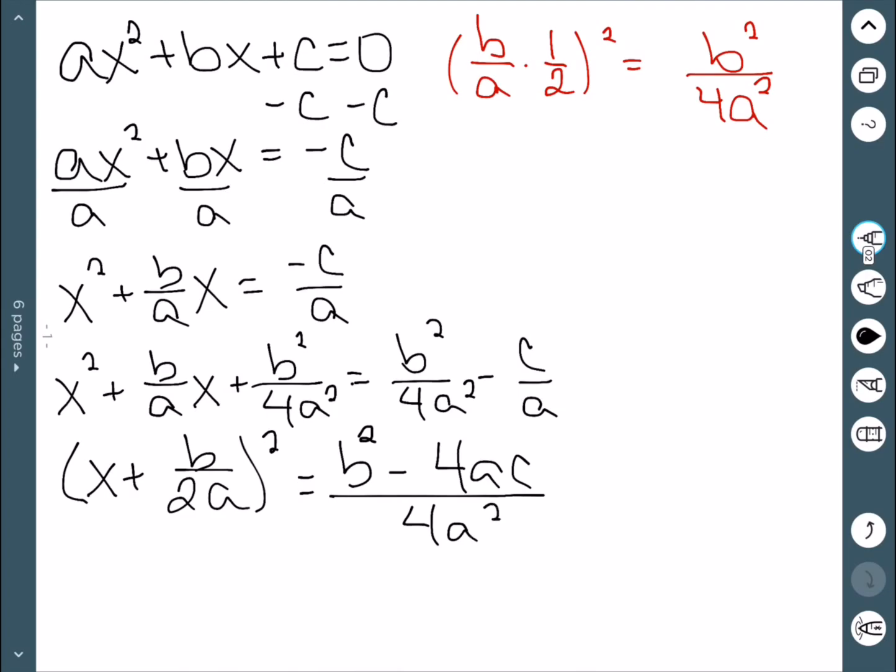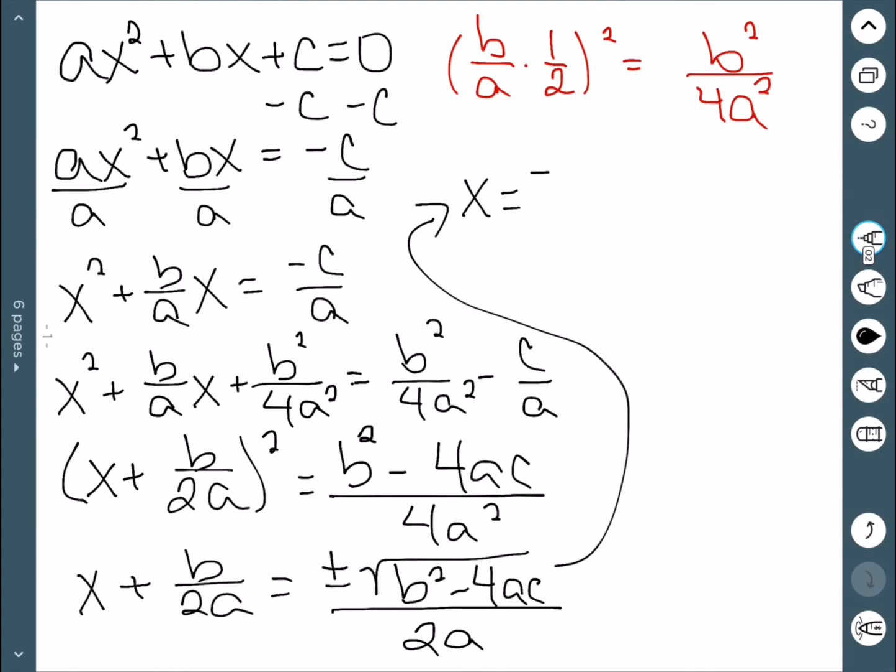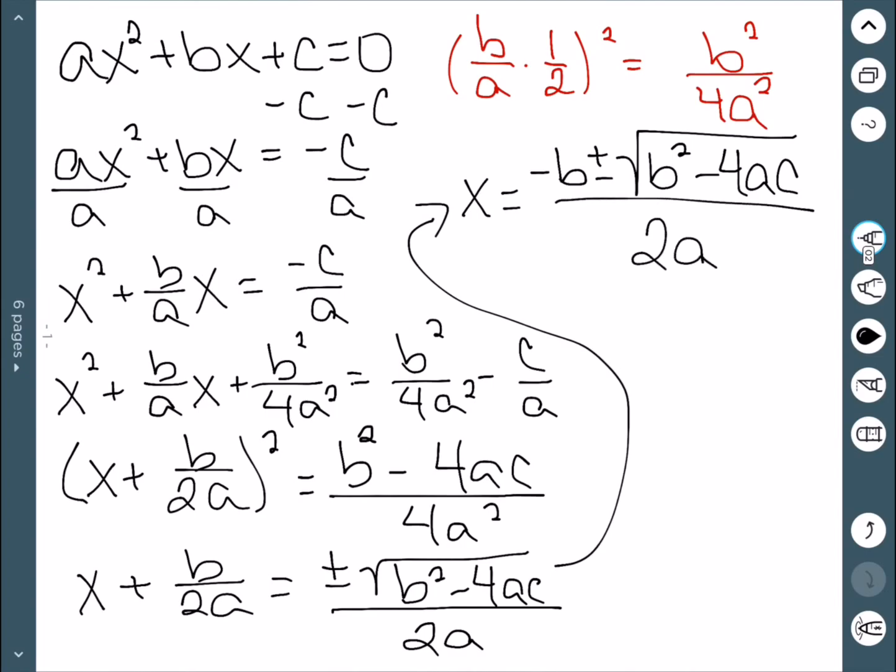Taking the square root of both sides gives me that x plus b over 2a is equal to plus or minus the square root of b squared minus 4ac all over the square root of 4a squared, which will be 2a. And then finally, I can subtract the b over 2a from both sides to get that x is equal to negative b plus or minus the square root of b squared minus 4ac all over 2a.